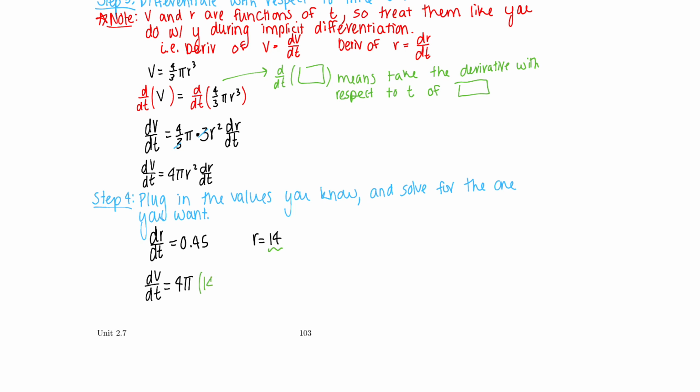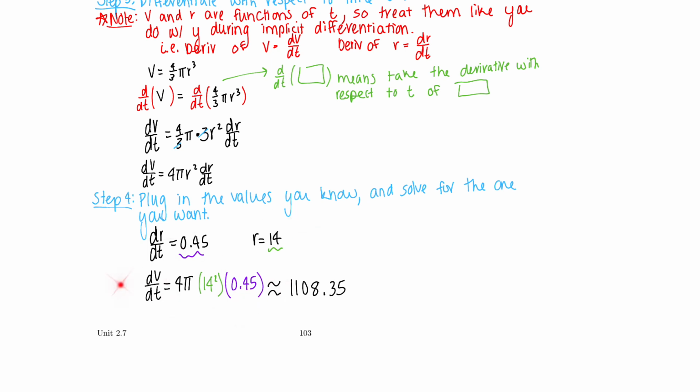So 14 squared times dr/dt times 0.45. And if you plug this into your calculator, it's approximate because you have to round it, you should get 1,108.35.